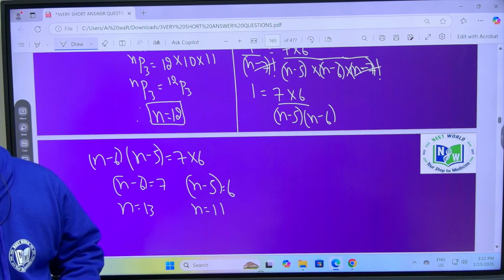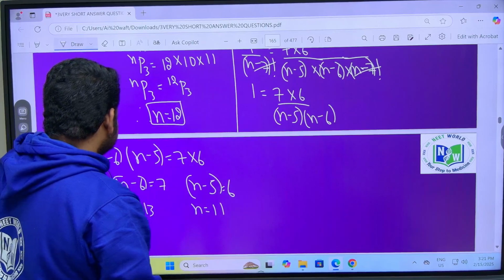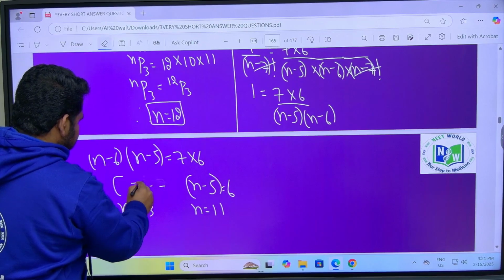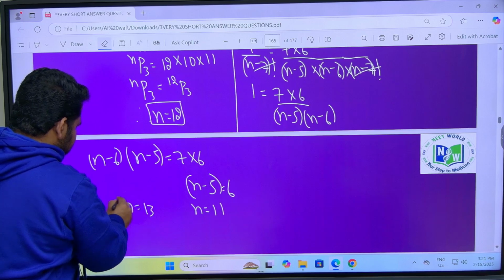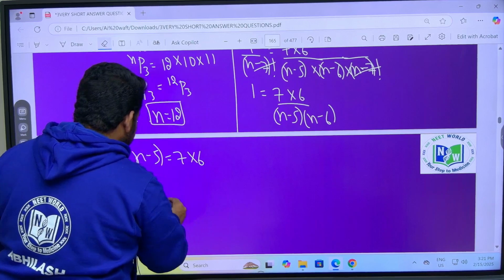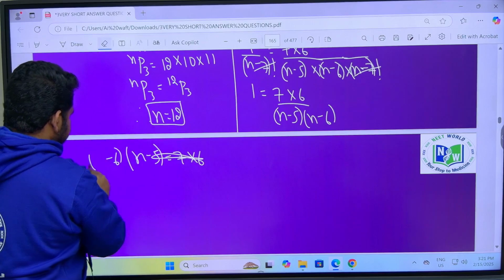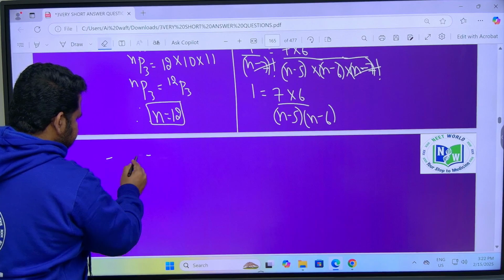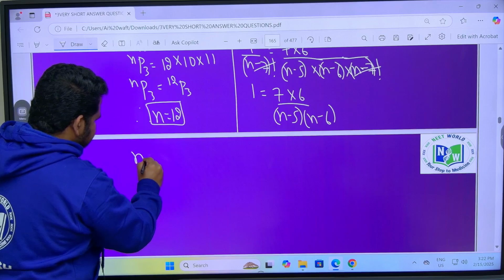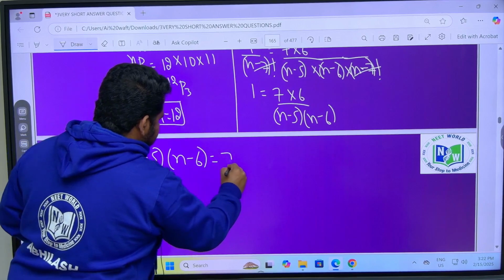Okay, n minus 5, n minus 6 is equal to 7 into 6. Let us solve this again. See here, n minus 5, n minus 6 will be equal to 7 into 6.